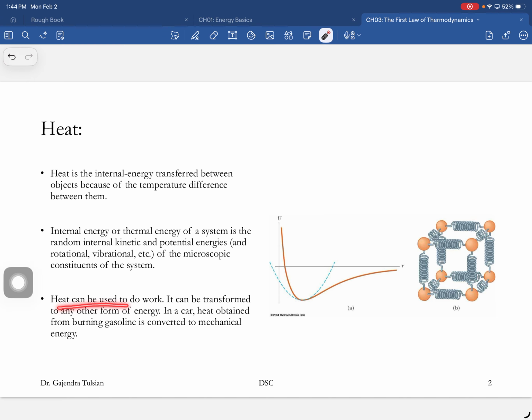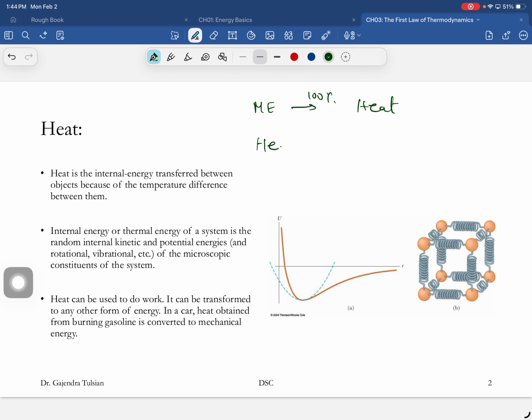You do something to the system, and then you bring the system back to its original state. It's a reversible process if you can bring back the system and the rest of the universe to its original state. So you have to bring everything back to its original state.